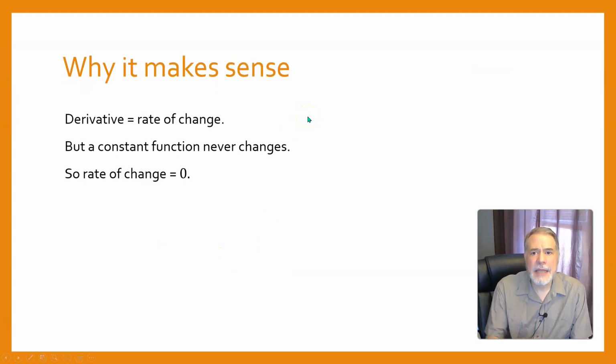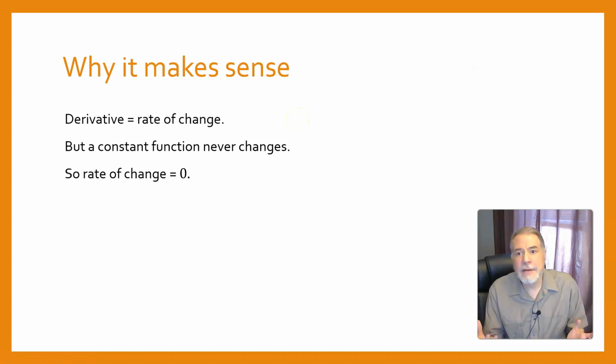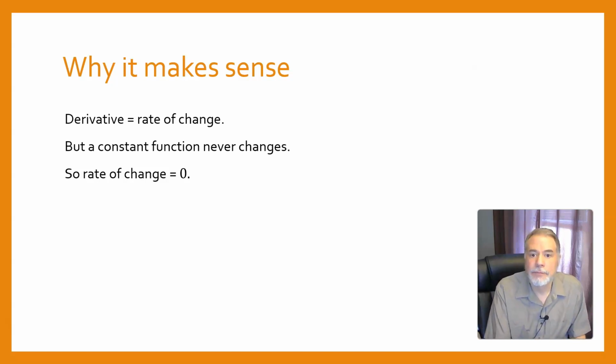And why this makes sense intuitively: the derivative represents the rate of change of a function, but a constant function isn't changing. It always gives you the exact same value. So it makes sense that the rate of change of that function would be 0.